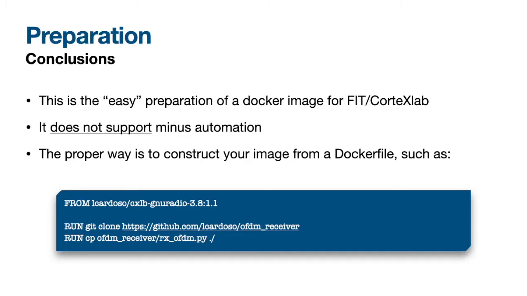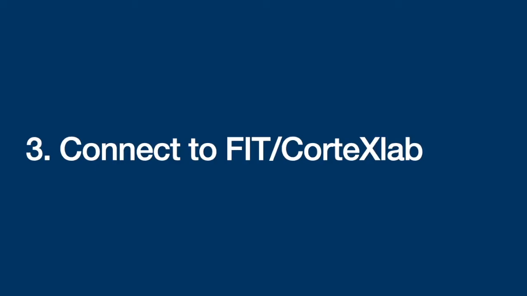Here I am running a git clone command, which will fetch the information from a git repository, for example an OFDM receiver, and then I will copy this OFDM receiver to the root folder where I can run it from afterward. Now let's go to step 3 of this tutorial, which is connecting to FIT Cortex Lab.